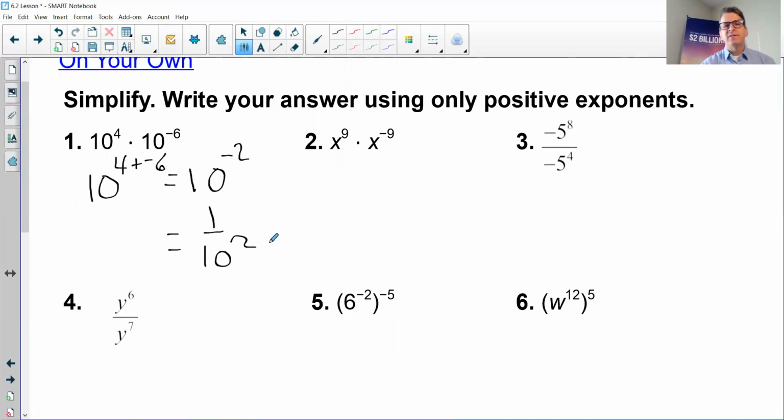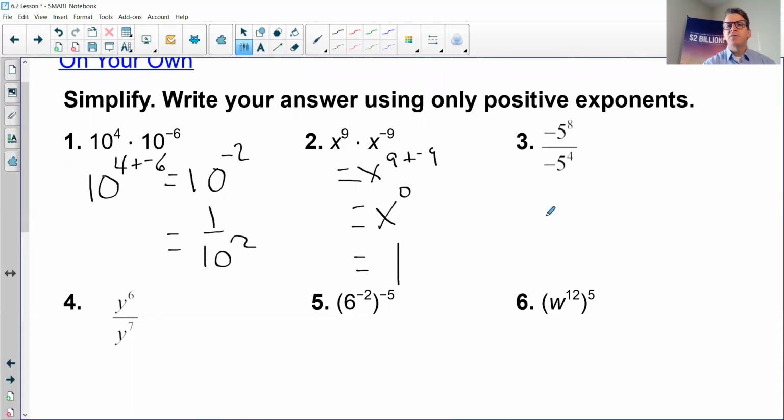Number 2, x to the 9th times x to the negative 9 is equal to x to the 9 plus negative 9, which is equal to x to the 0. The x to the 0 property would equal 1.